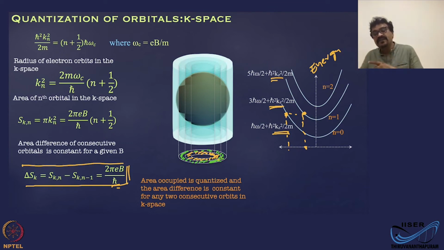But the transition from n is equal to 1 to n is equal to 0 is possible if there is a motion or there is a scattering allowed in the z direction. Then that electron can actually scatter from the n is equal to 1 state to the n is equal to 0 state. That is possible. Okay.